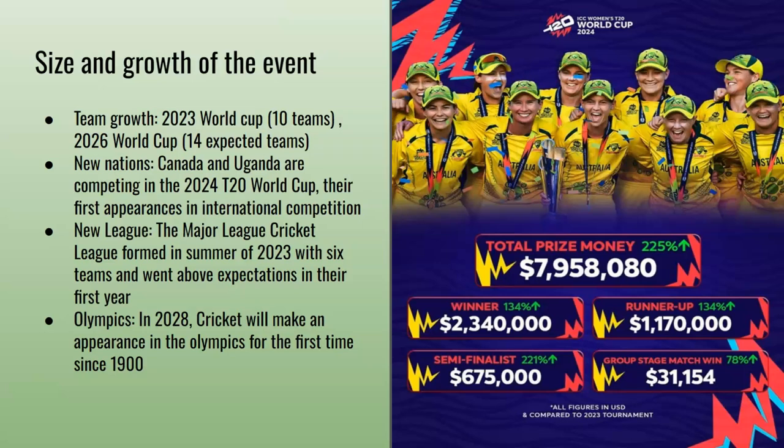Interestingly, there is a new league, the Major League Cricket, which was formed last summer in 2023. It is formatted with 6 teams, and according to my research, it went above expectations in its first year. And in the Olympics in 2028, cricket will make an appearance for the first time since 1900.